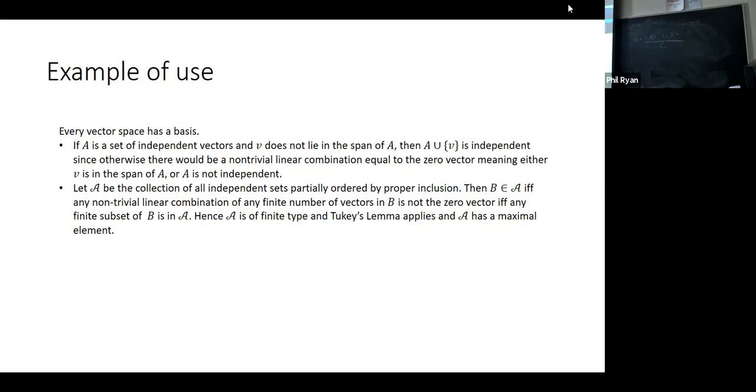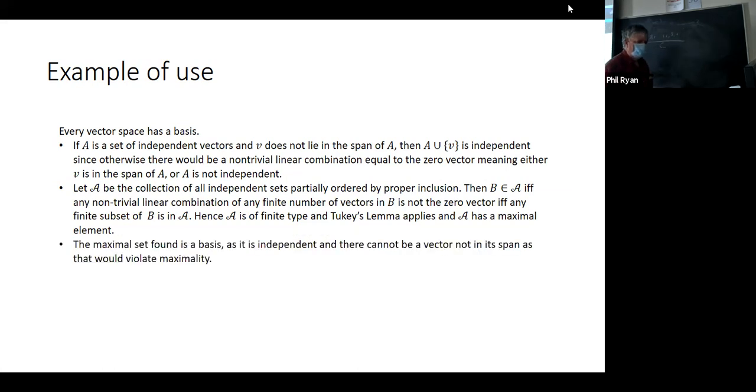And that means if and only if any finite subset of B is in A. So therefore, this collection is of finite type. Tukey's lemma applies, and A has a maximal element.